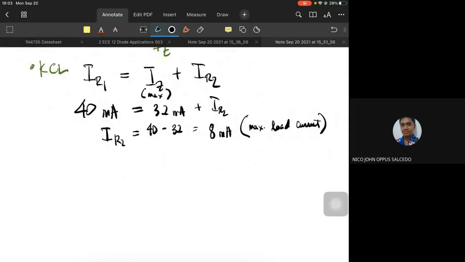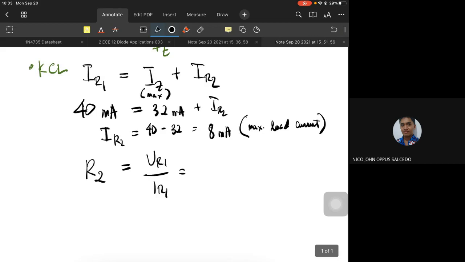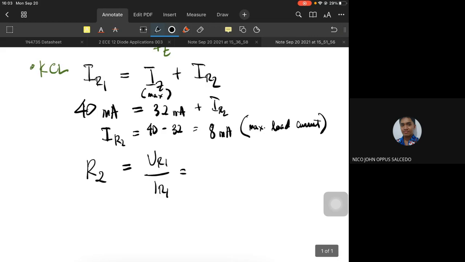So if you already obtained IR2, we could solve for the maximum value for R2. R is V over I. VR2 over IR2.